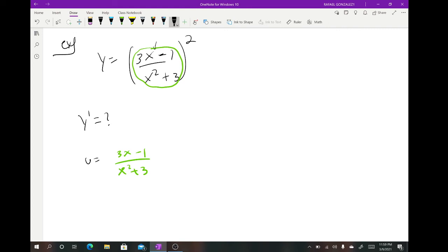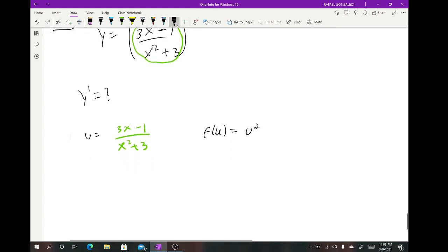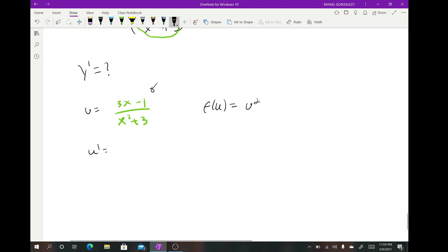And then you have to use the power rule as well. So f of u is going to be equal to u squared, because you're squaring it eventually, because of this square. Now the difficulty here is going to be, again, using the quotient rule to find the derivative of u.